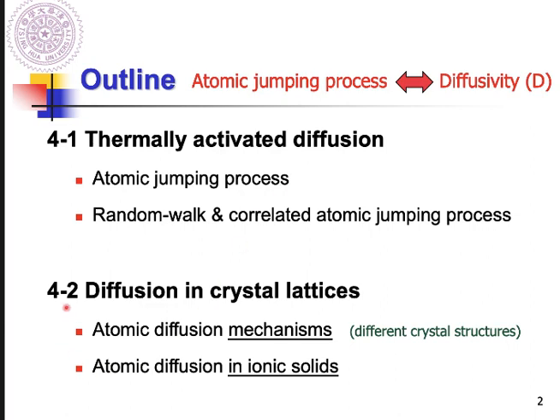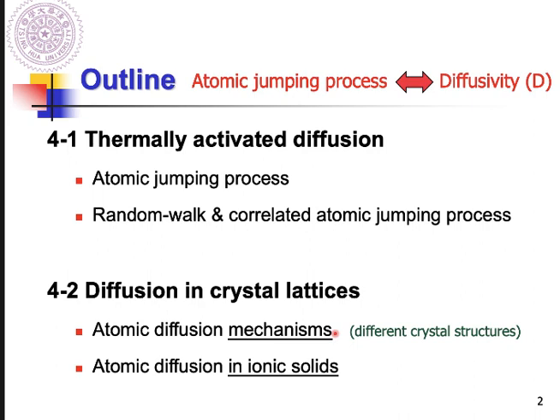Then in section 2, we are going to bring crystal lattices or different crystal structures into this diffusion phenomenon. So we call it diffusion in crystal lattice. In the first part, we are going to introduce several atomic diffusion mechanisms in different crystal structures, including BCC and FCC.